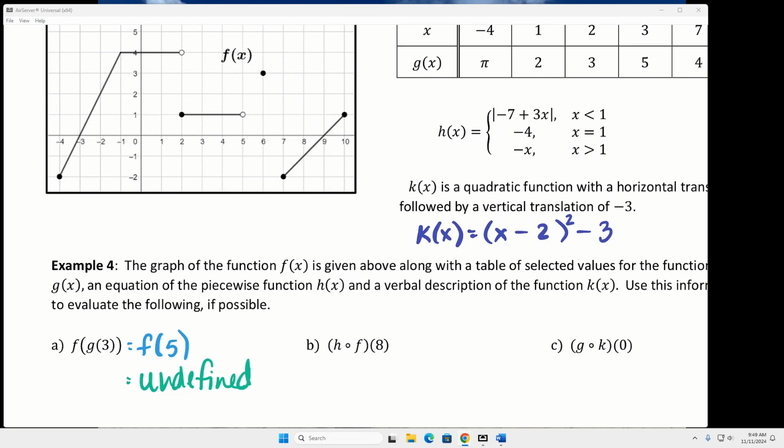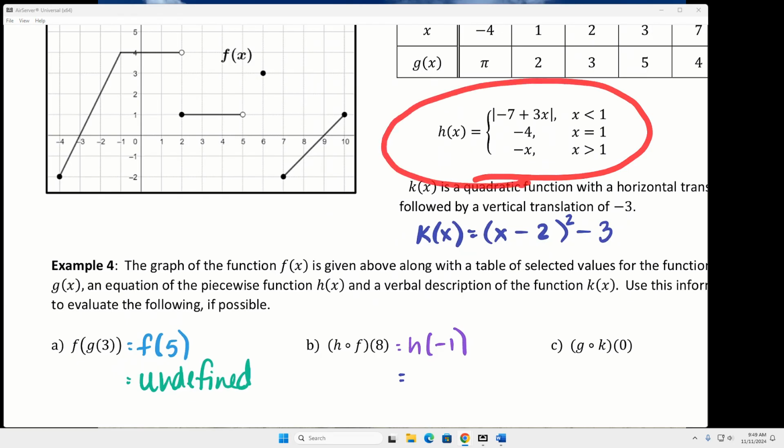All right, for B, we're going to do h of f of 8. So f is the graph. We're going to go to where x is 8. What is the value of the function there? -1. Nice job. All right, and then h is the piecewise function that is in algebraic form. So for -1, you have to decide which piece to use.